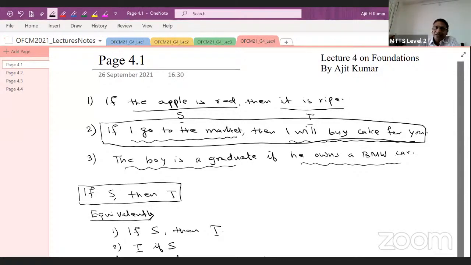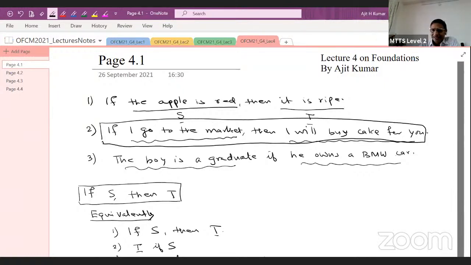And if this statement is correct, if I don't buy cake for you, then can it happen that I have gone to the market?